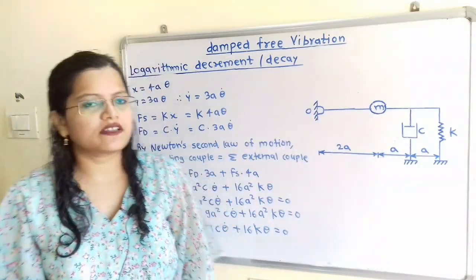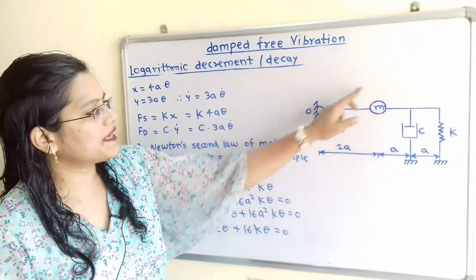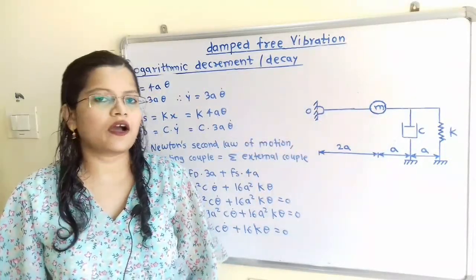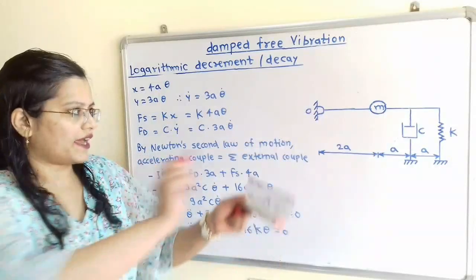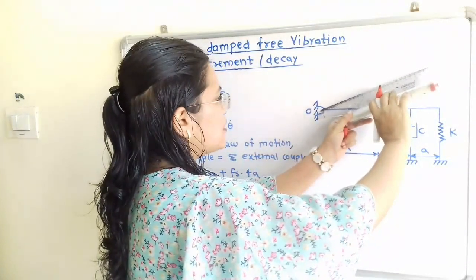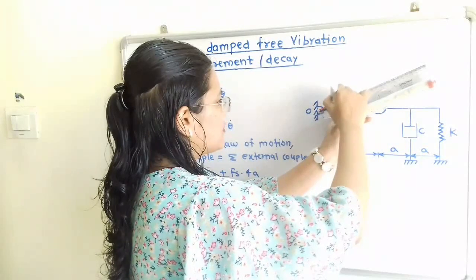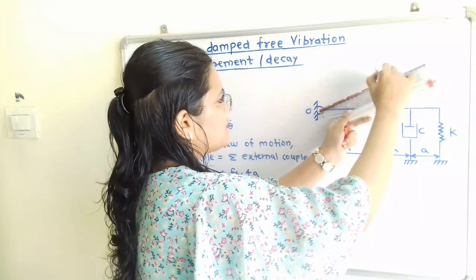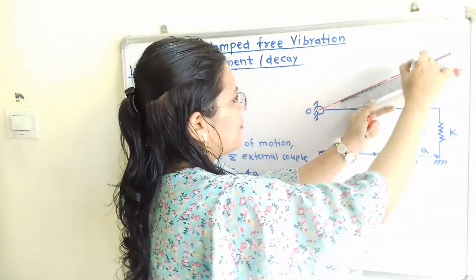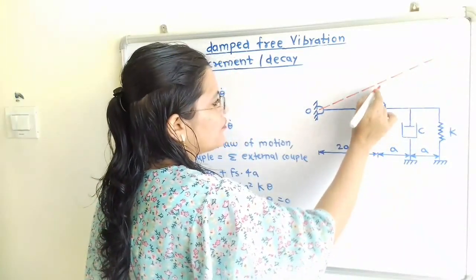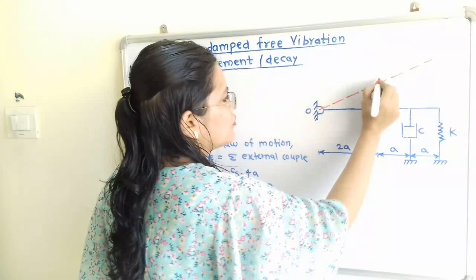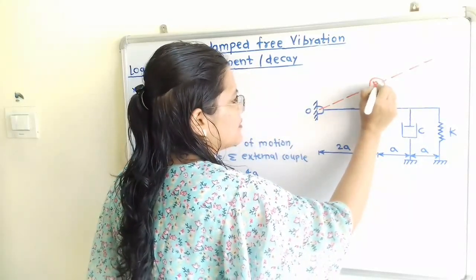We will consider this mass m getting displaced through an angle theta about point O. We will show this with the help of a diagram. Here is the angular displacement about point O, because this mass m is pivoted about O. This is the original position of mass m, and here we show the final position of the mass m.